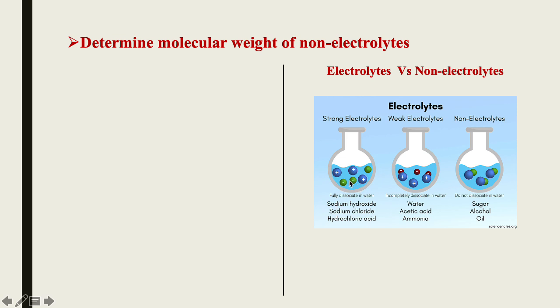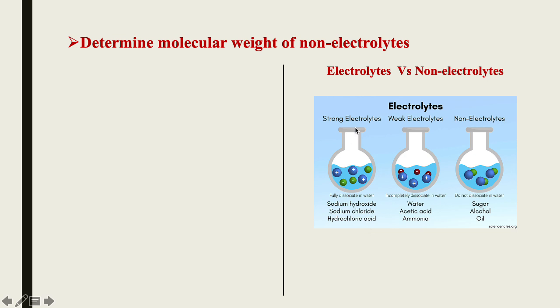These ions are completely separated, so it is fully dissociated in water. This is an example of a strong electrolyte. Examples of strong electrolytes are sodium hydroxide, sodium chloride, and hydrochloric acid.